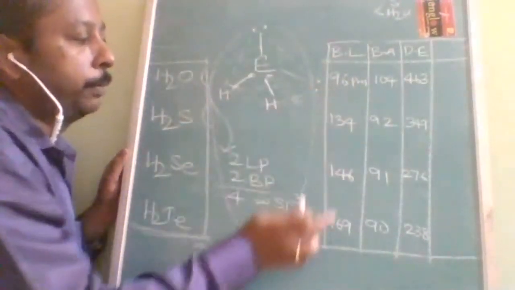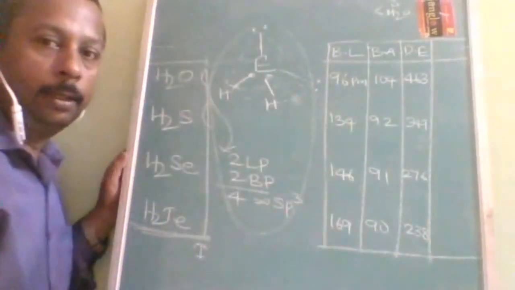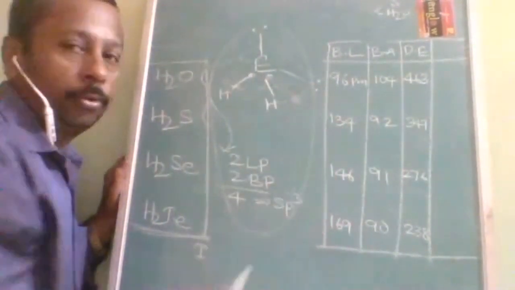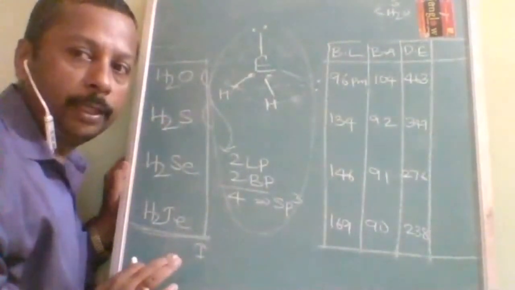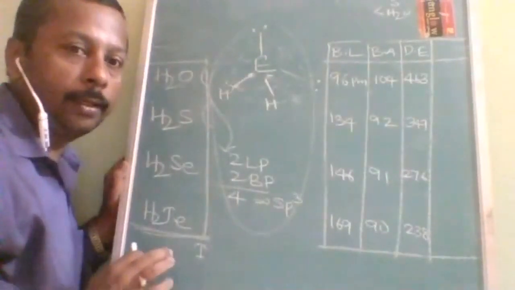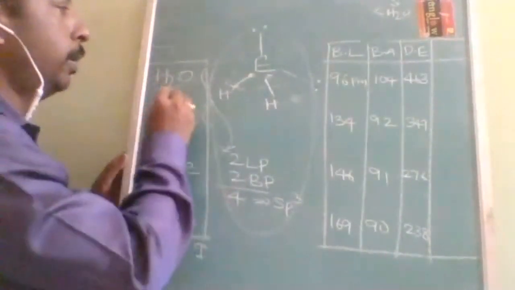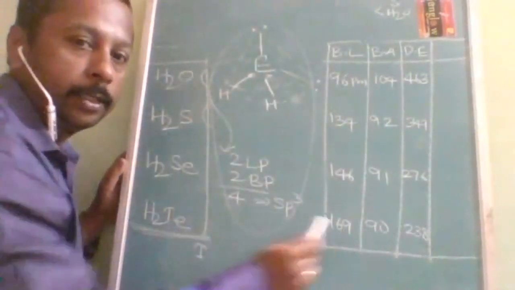See, there is no exception here. 96, 134, 146, 169. These are only to show you the variation. You need not mug up these values. These are only to show you the type of question. Lowest bond length is found in H2O, highest bond length in H2Te.